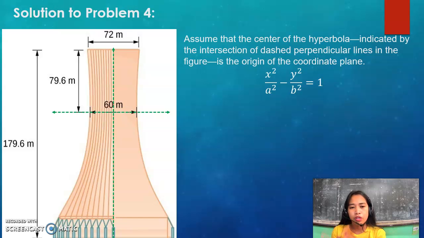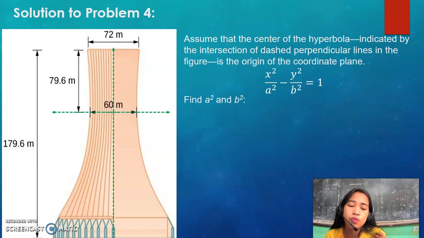So, if y comes first, y squared over a squared minus x squared over b squared, then that is vertical. But since our hyperbola is horizontal, as illustrated in the figure, this is in horizontal form.